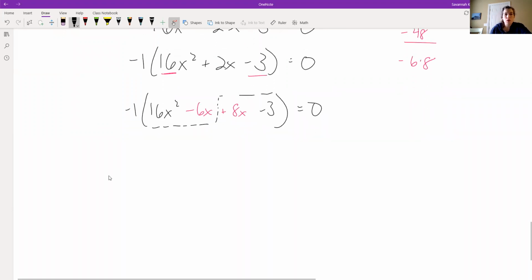Now, in terms of factoring that out, I'm feeling maybe a 2x coming out there. Yeah, and then nothing comes out of 8x minus 3, but 1 itself.